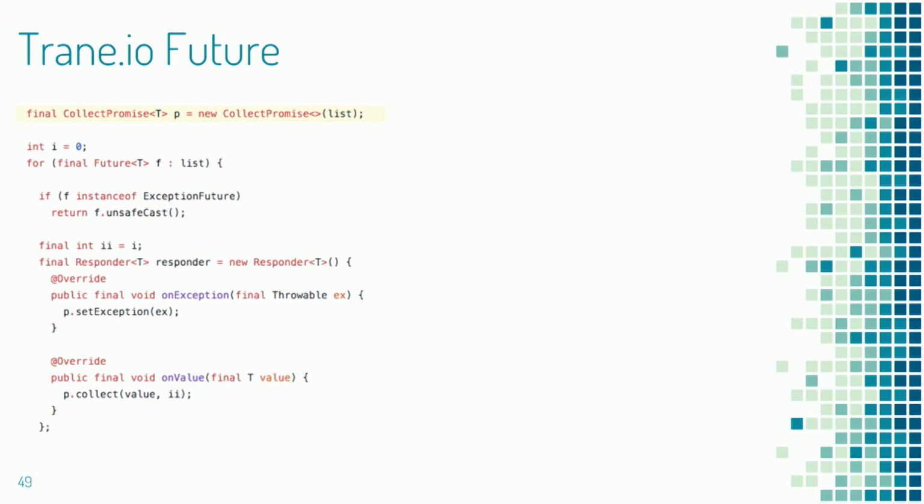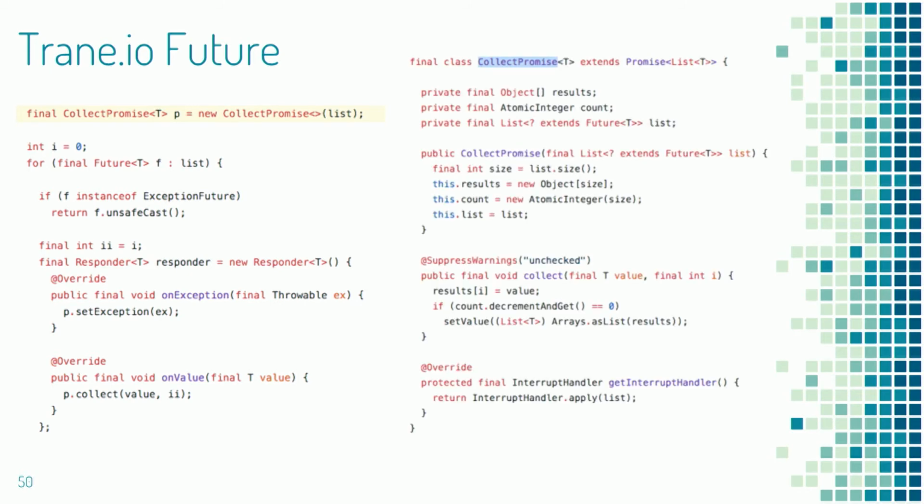It has this collect promise, okay? And the collect promise has all the structures that we saw before. It's a promise itself. It has the results and also the count and the list of results. So instead of allocating this object for each element of the future collection, you allocate this object only once.